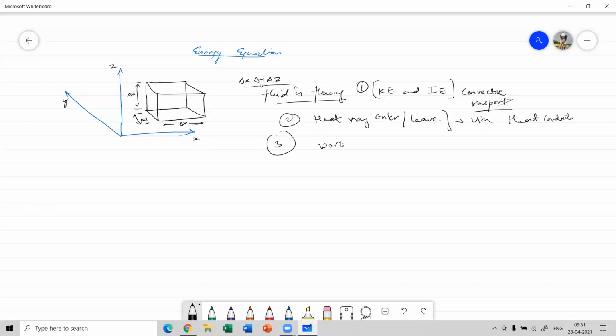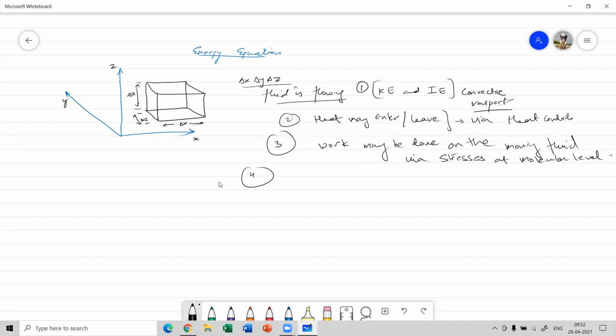So you can say that work may be done on the moving fluid via different stresses, and let's consider this at molecular level.